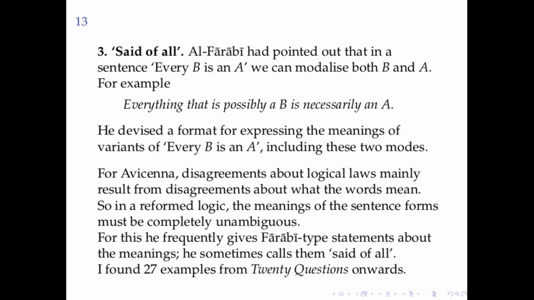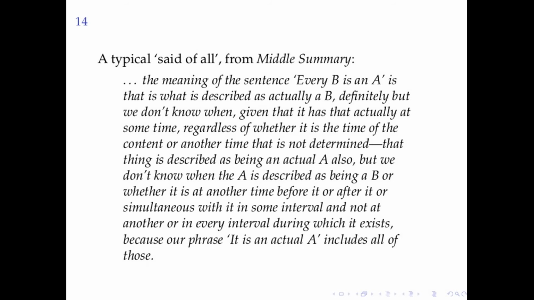I checked through Avicenna's logical writings and found 27 clear examples of said of all. And here's one for you to look at. It's clear that Avicenna regards this as an important thing to be studied in logic.